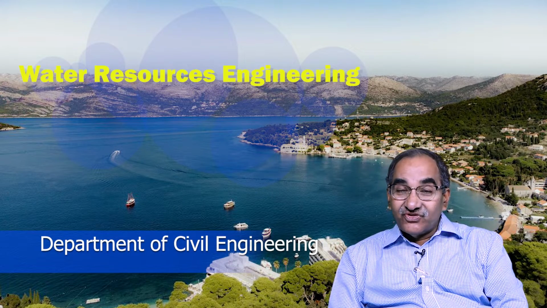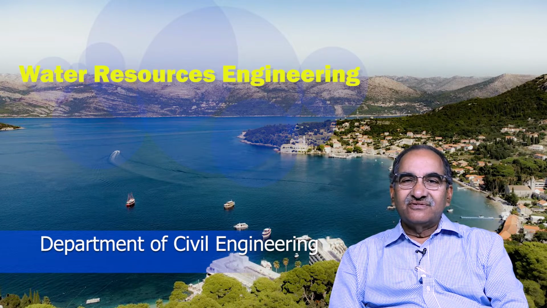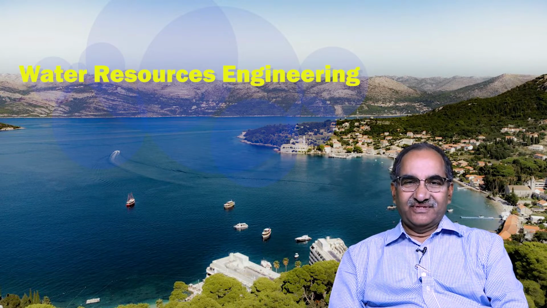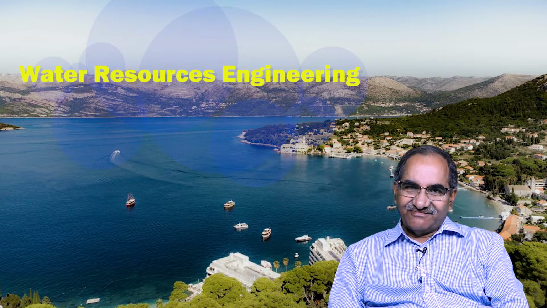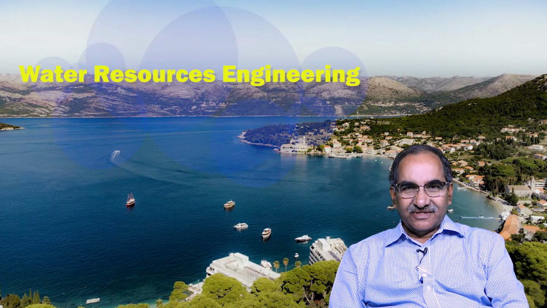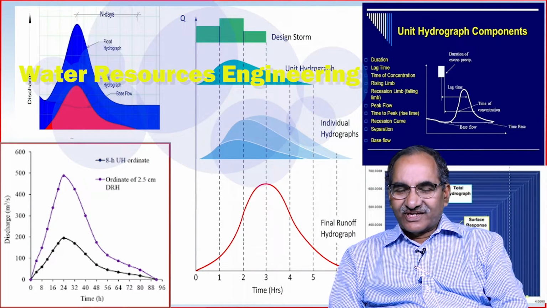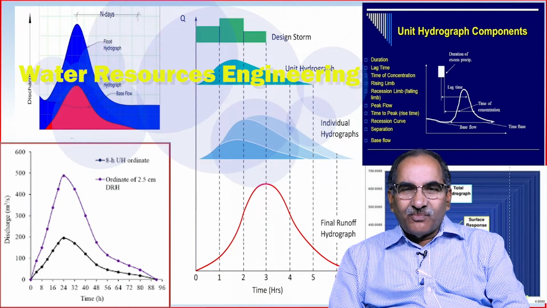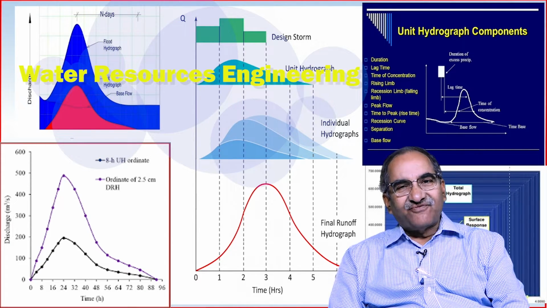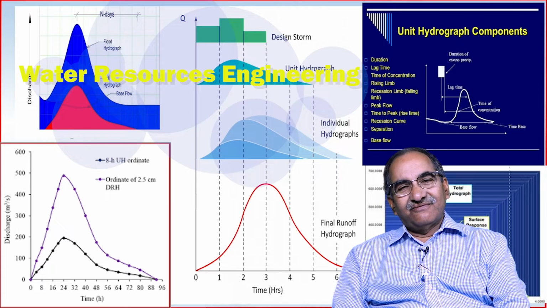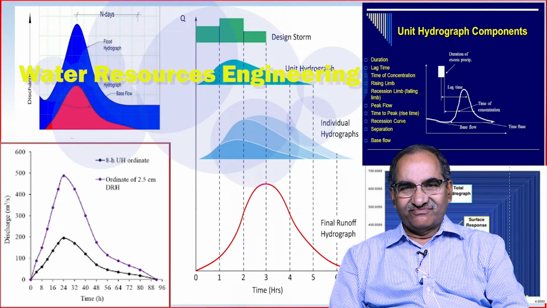Now we are continuing with runoff and moving to the third unit. The starting point for the third unit is runoff only. In the second unit we covered what is runoff, what are the components of runoff, what are the factors affecting runoff, what are the methods for estimating runoff.